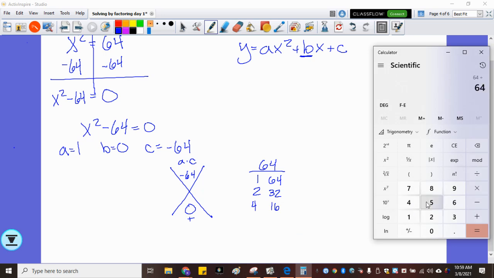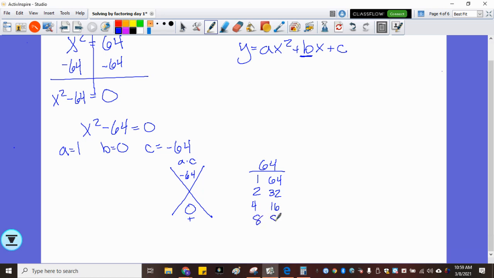Doesn't end in a 5, so it can't be 5. 6, no, because it's not divisible by 3. 7, decimal. 8, 8 and 8. So all of these multiply to 64. 1 times 64 is 64. 2 times 32 is 64. 4 times 16 is 64. 8 times 8 is 64.